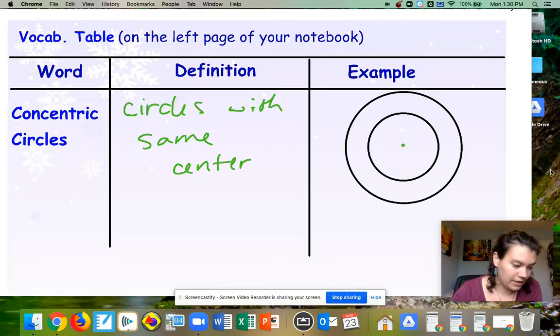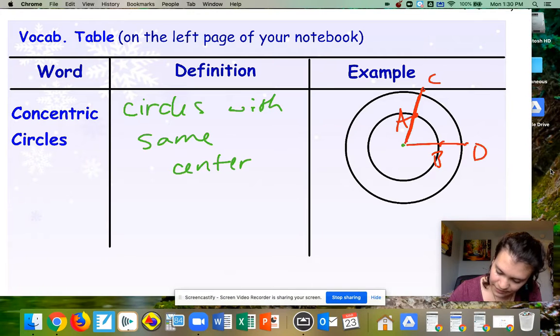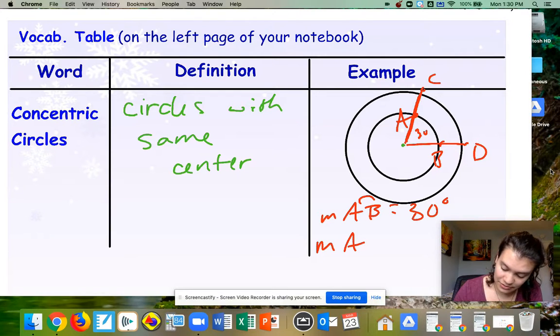Here, your arc measures are going to be the same. So if I draw a line out here and a line out here, we'll say this is A, B, C, and D. If this is 30, the measure of arc AB is 30, and the measure of arc CD is also going to be 30.